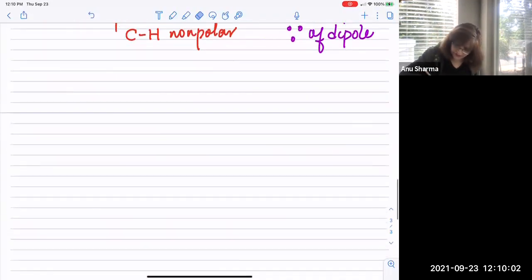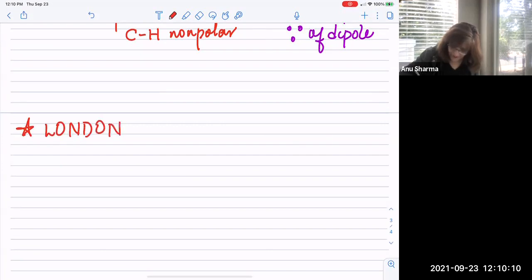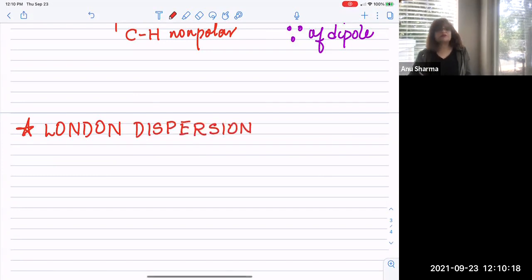Okay, here is the London dispersion. London dispersion is in all the molecules, even diatomic molecules.